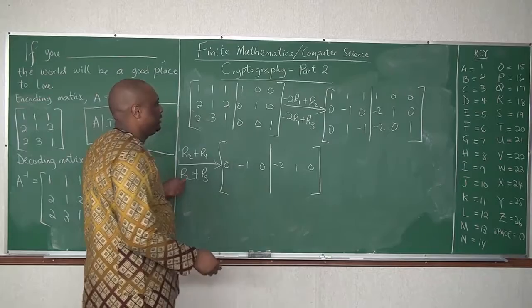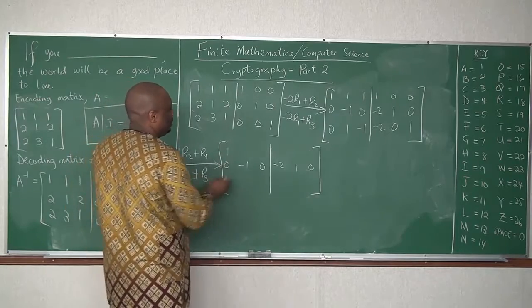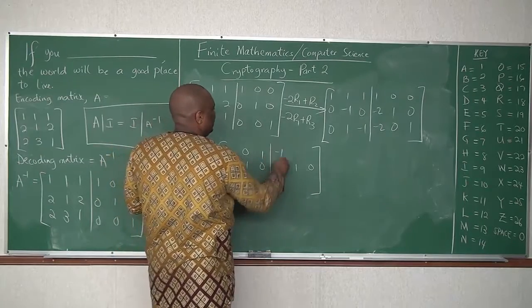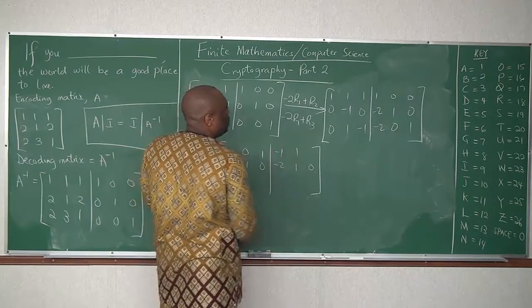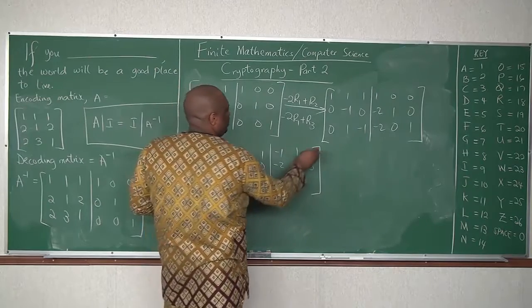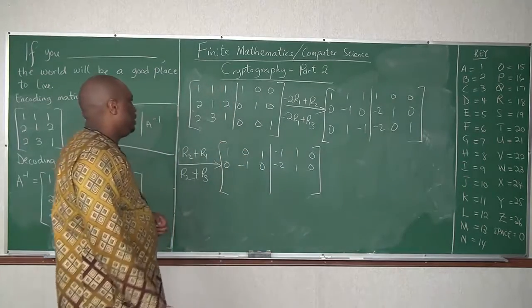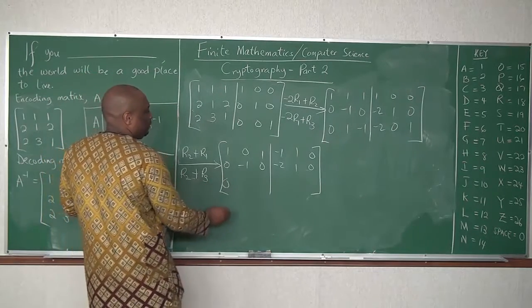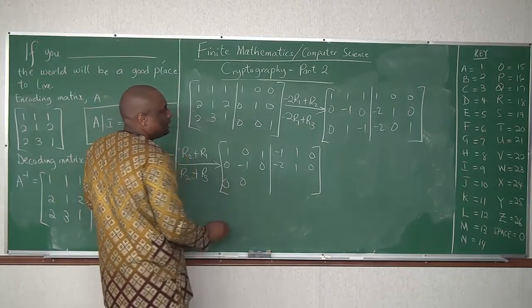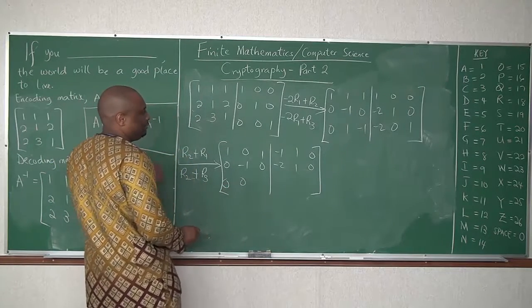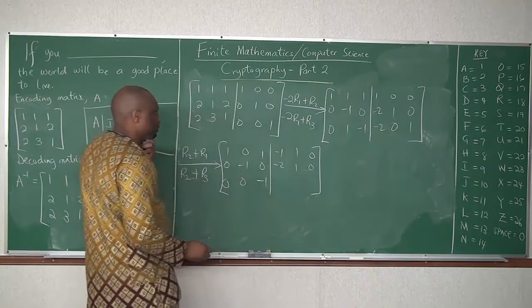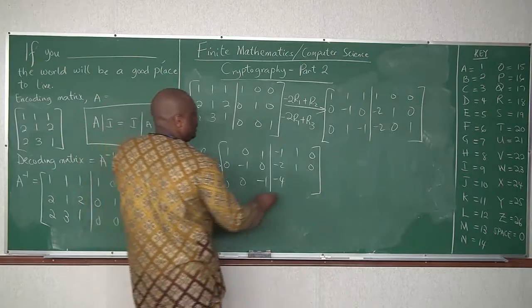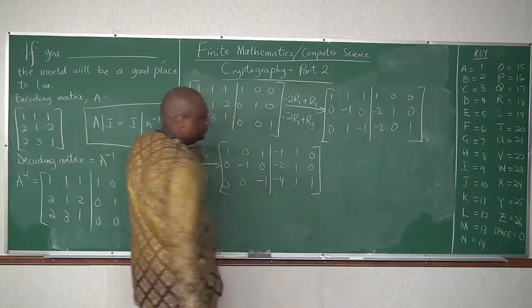Then 0 plus 1 is 1, -1 plus 1 is 0, 0 plus 1 is 1, -2 plus 1 is -1, 1 plus 0 is 1, 0 plus 0 is 0, then 0 plus 0 is 0, -1 plus 1 is 0, 0 plus -1 is -1, -2 plus -2 is -4, 1 plus 0 is 1, 0 plus 1 is 1.